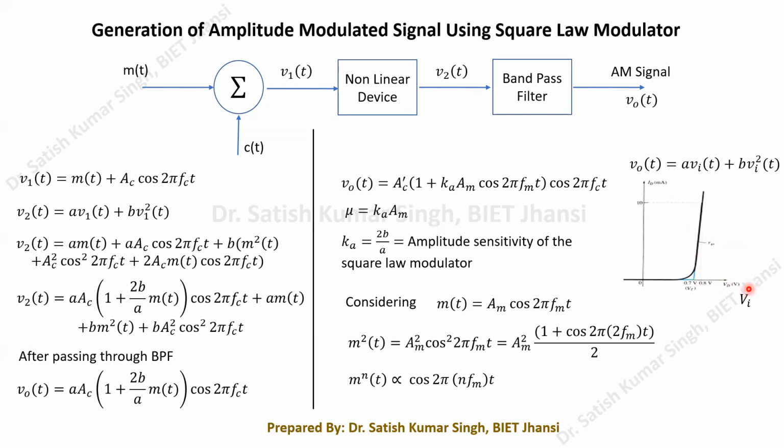What we are interested in is the first two terms of the exponential series. There will be a certain factor equal to A multiplying Vi(t), the input voltage, plus B times Vi squared(t).